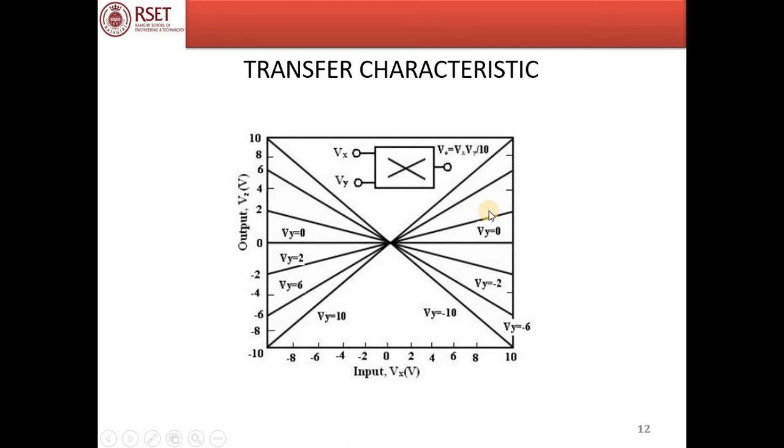So depending upon whether Vx and Vy are positive or negative or both, the output will lie on each of these quadrants. Here for each of these lines, we are taking a constant value of Vy. That is why we are getting a straight line output. That is, Vx is varying but Vy is a constant for each of these curves. So this is the transfer characteristic of a 4-quadrant multiplier.